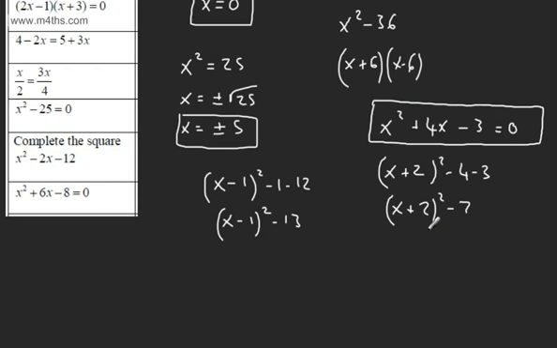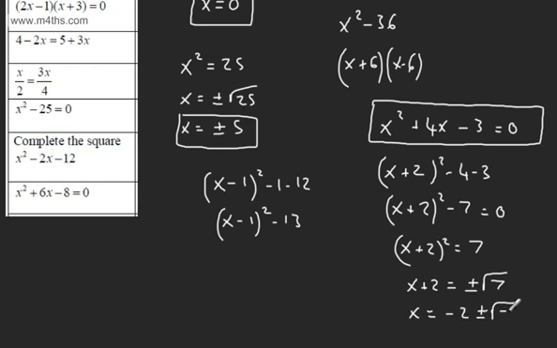So when we've completed the square, we end up with this scenario. All we do now is add the 7 to both sides. X plus 2 all squared is equal to 7. We square root both sides. X plus 2 is equal to plus or minus the square root of 7, and then we subtract 2 from both sides. So x is equal to minus 2 plus or minus the square root of 7.